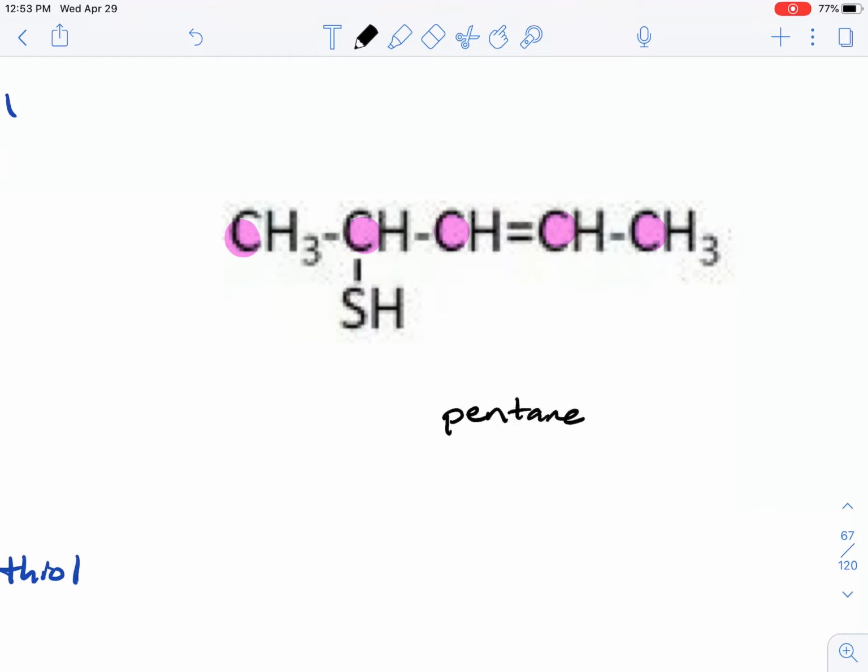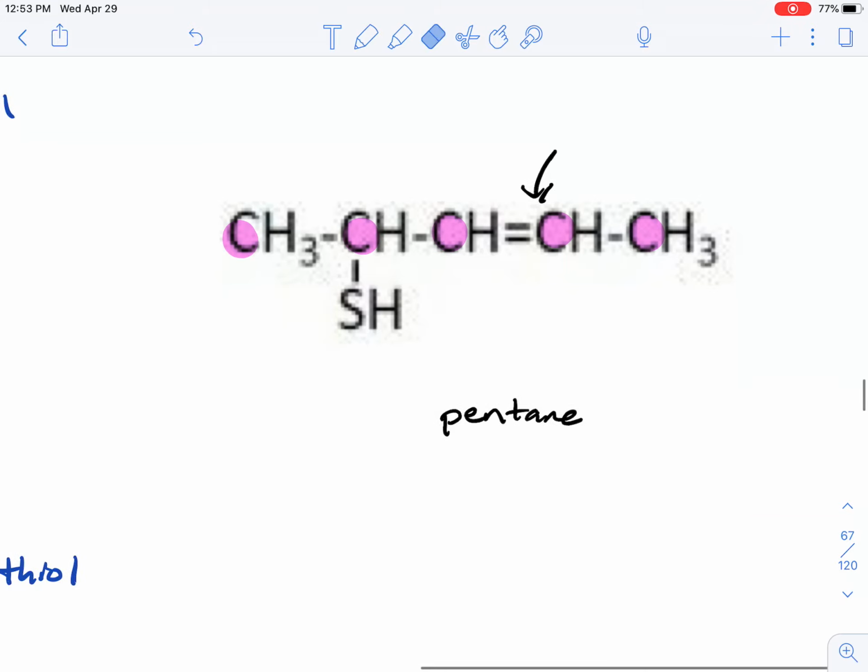However, since we see a double bond, we can't say pentane, we have to say pentene to signal the reader that there's a double bond present in my organic structure. And it looks like I have a thiol here, so I'm just going to go ahead and put in a thiol. So I have pentene thiol.